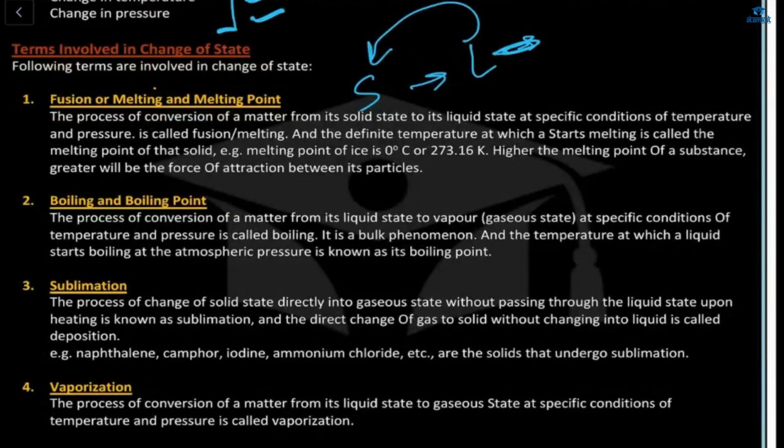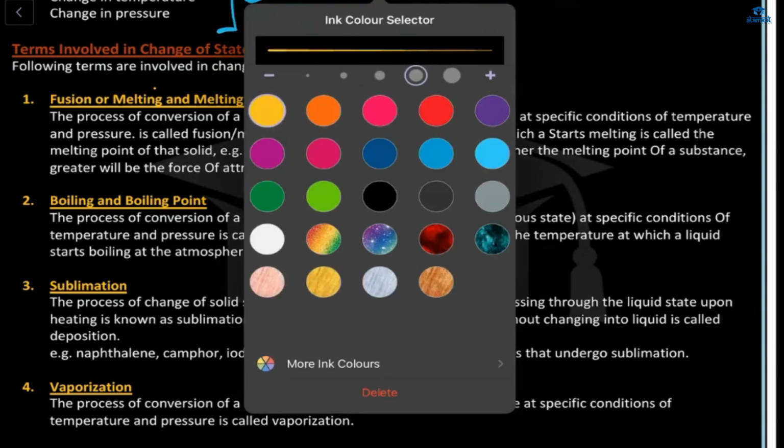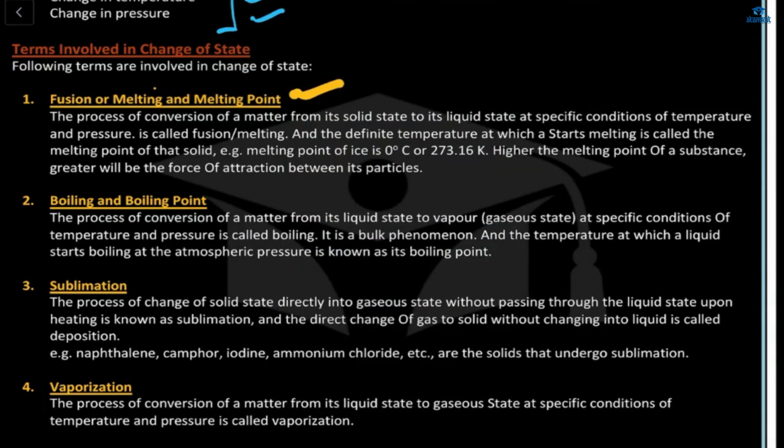Now these are very basic terms, so you have to remember what is fusion, or melting, and melting point. It is the process of conversion of a matter from solid to liquid. If we are melting ice, the ice is basically a solid.